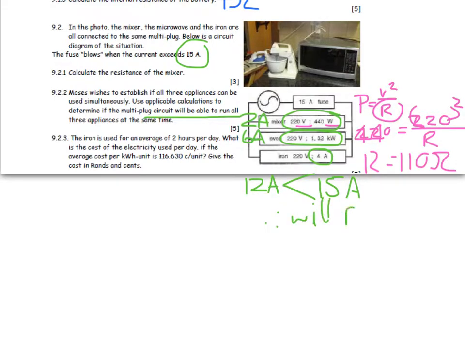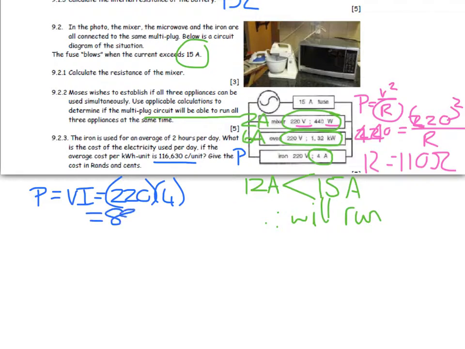The iron is used for an average of 2 hours per day. What is the cost? If the cost of electricity is given in cents, give the answer in rands. So the first thing I'm going to do is work out the power of my iron over here. Power is equal to V times I, which is 220 times 4, which is equal to 880 watts.